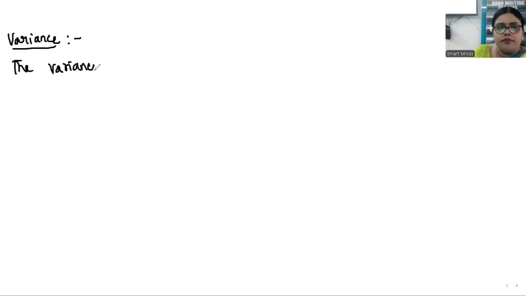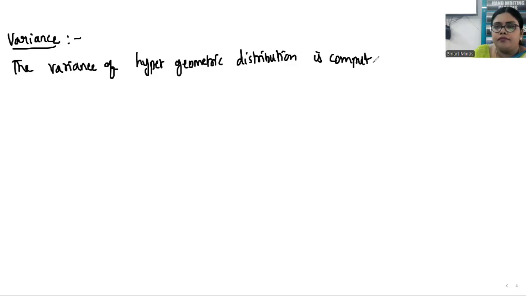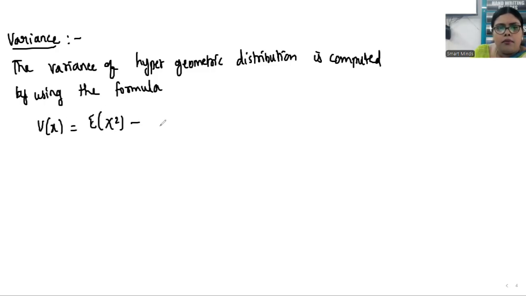The variance of hypergeometric distribution is computed by using the formula V of x equals E of x square minus E of x whole square. E of x is mean. Okay. So now first let us find out E of x into x minus 1.